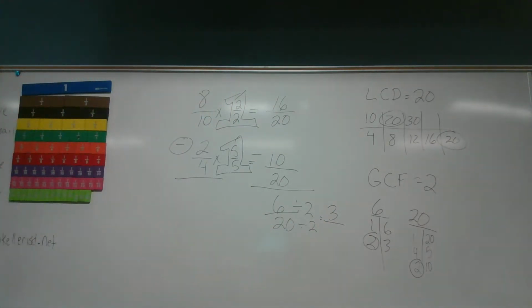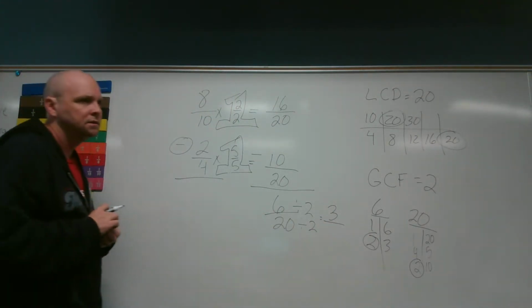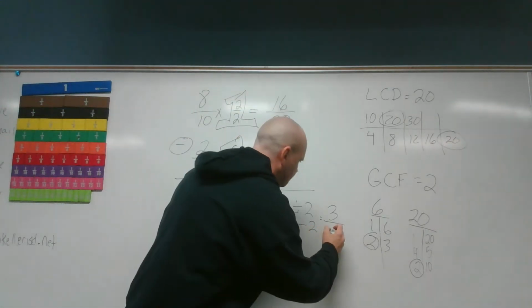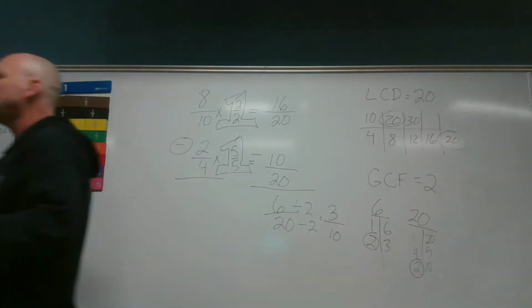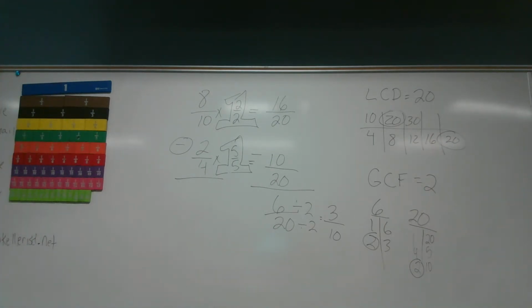JJ, 20 divided by 2 equals? 10. Good. 20 divided by 2 equals 10. So writing all this down helps us because we can just look back at it.